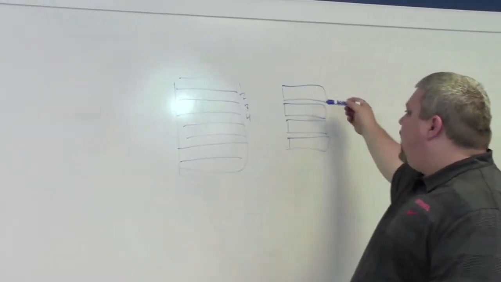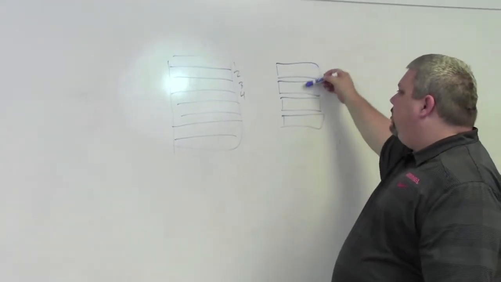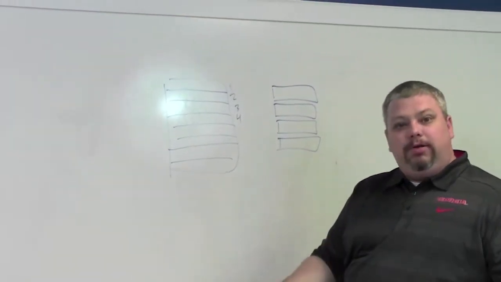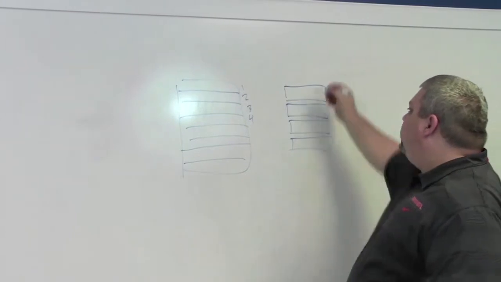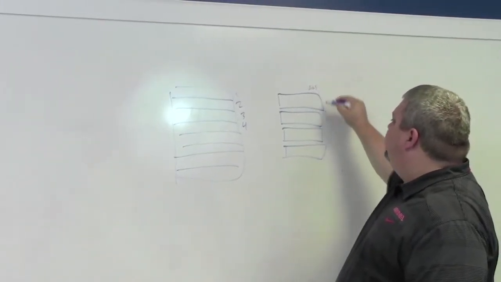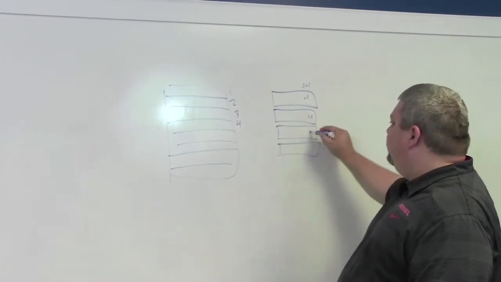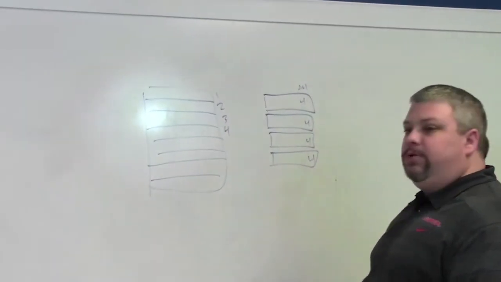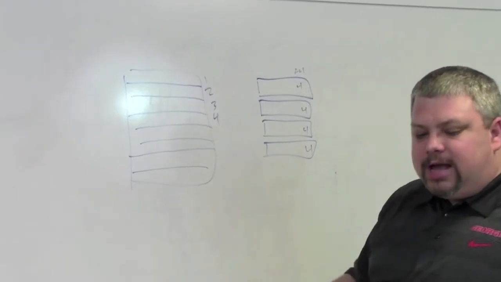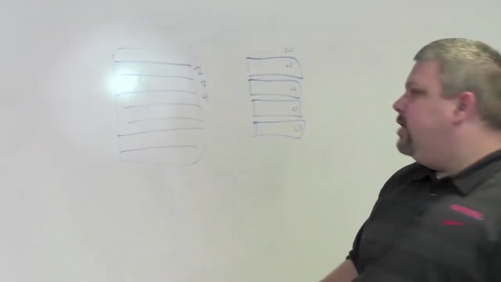The problem with having multiple standalone switches like this is you have to link them all together. So you have a switch that has 24 ports on it. Well, you have to take 4 ports from this one, and 4 ports from this one, and 4 ports from this one, and 4 ports from this one to link all those switches together to make them function like a single switch.